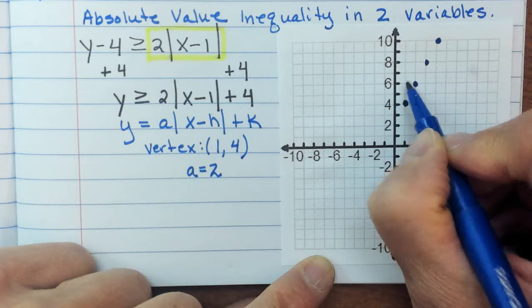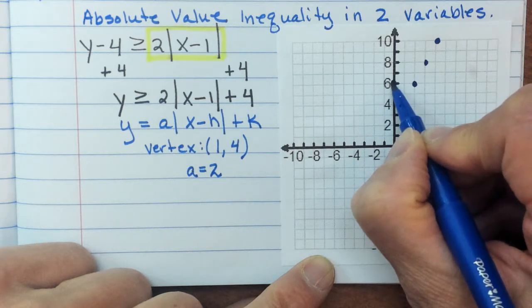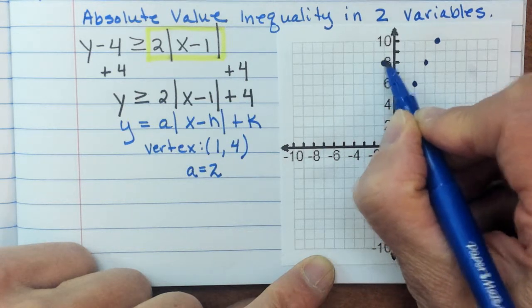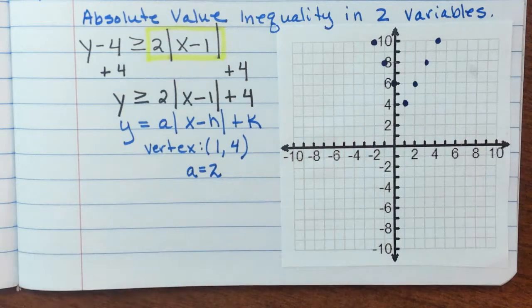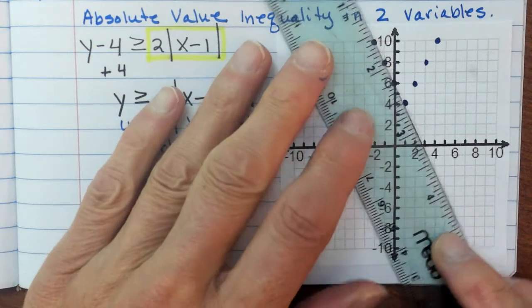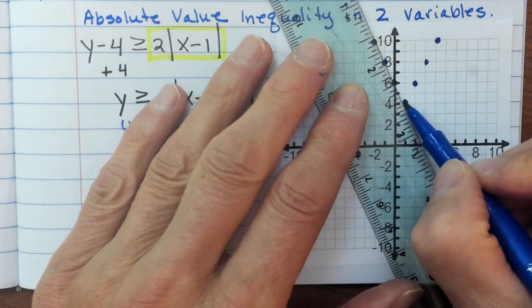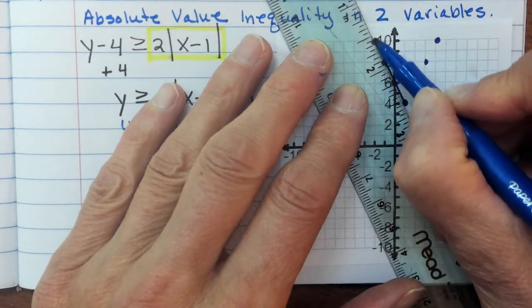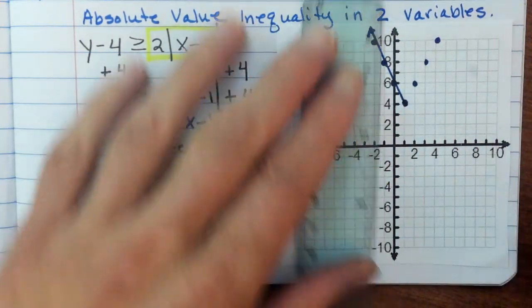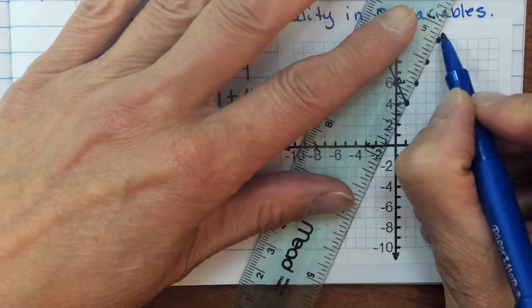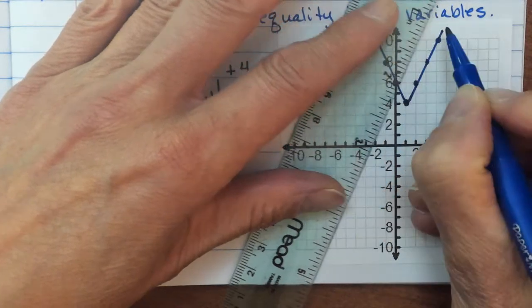So I'm going to go up 2, left 1, up 2, left 1, up 2, left 1. So we can see that this is actually a little steeper. I'm going to put a solid line because I have the equal mark there. Once again, if that equal mark were not there, it would be a dashed line.